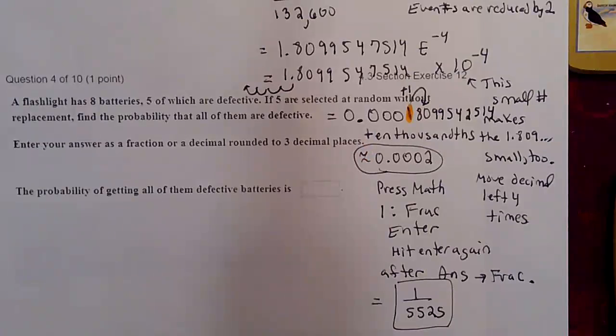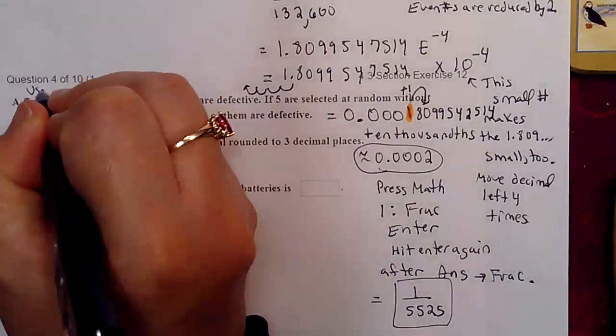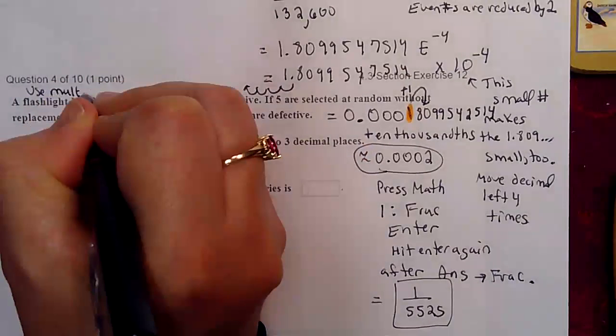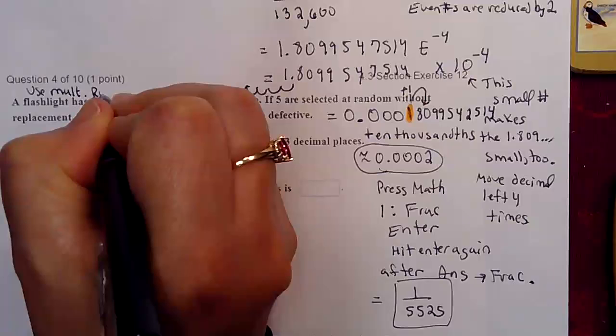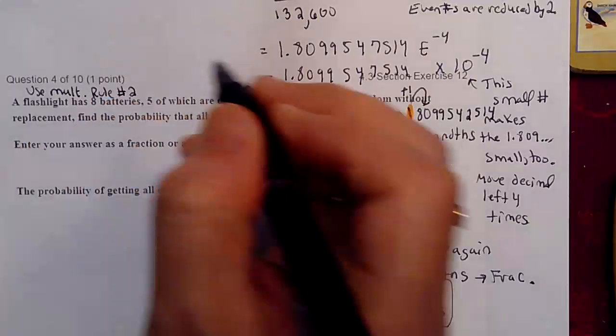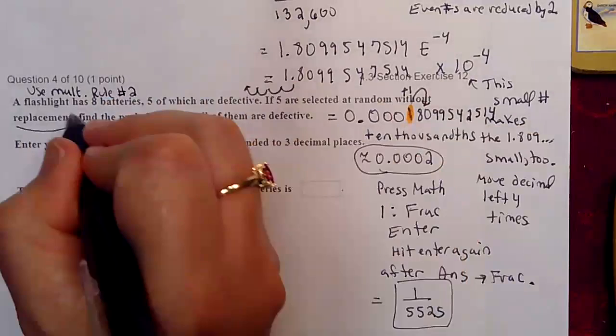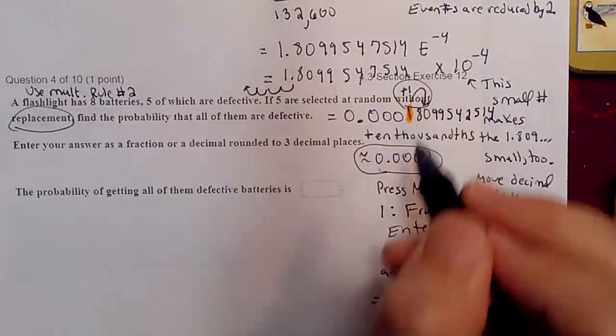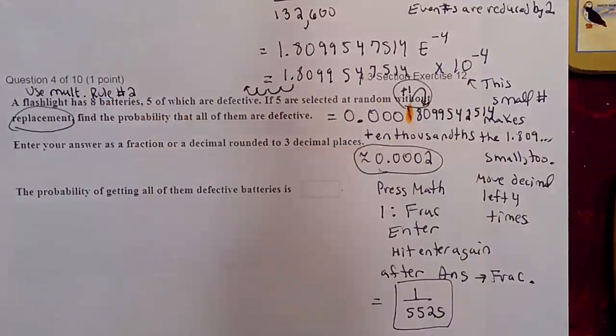If 5 are selected at random without replacement, find the probability that all of them are defective. We're going to use multiplication rule number 2, and the key word here is that it said without replacement. If you're working with cards, it'll say not replace. If you're working with something like batteries, it says without replacement.